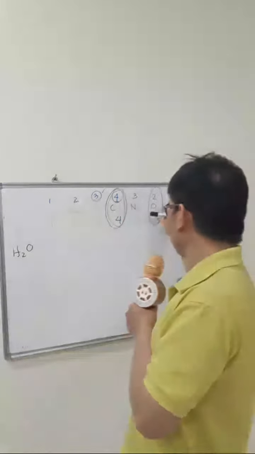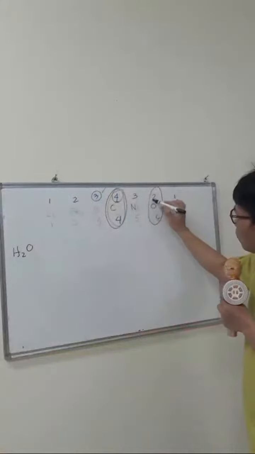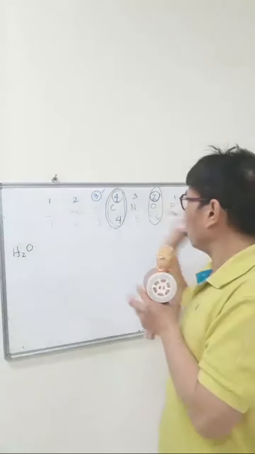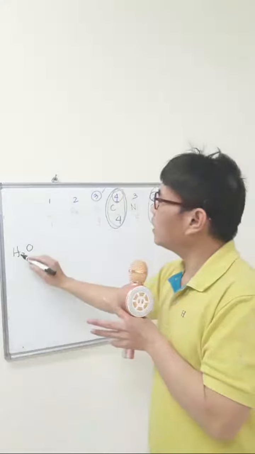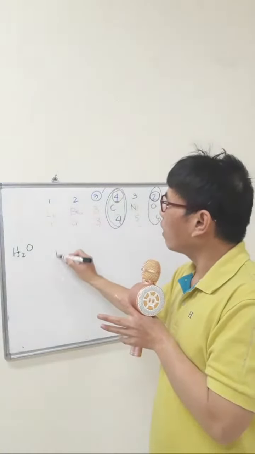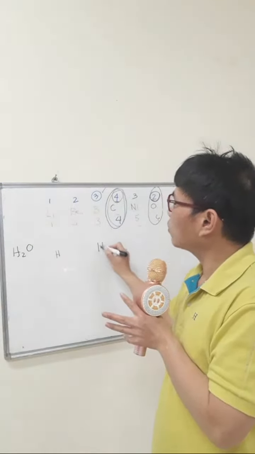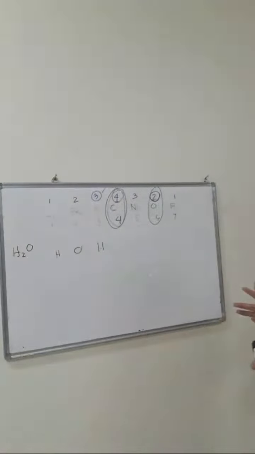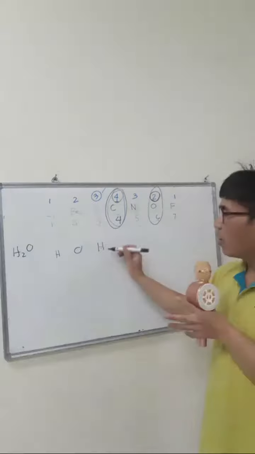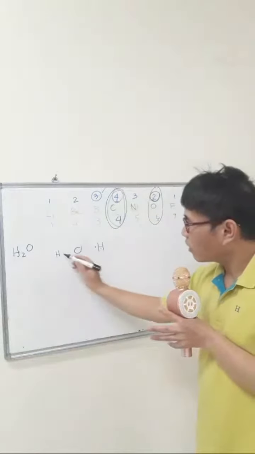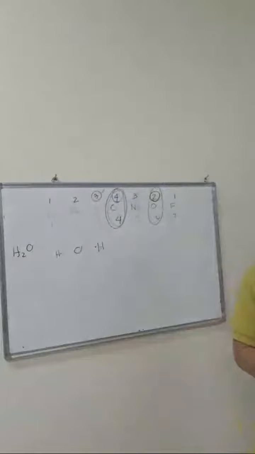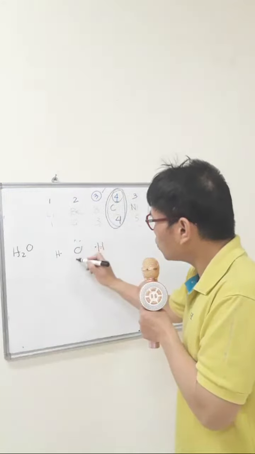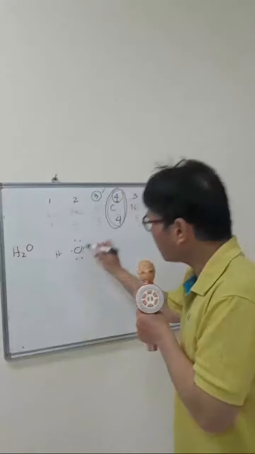How many valence electrons in the outermost shell of hydrogen? 1 from the right side and 1 also from the left side. How many valence electrons of oxygen? 6. So 1, 2, 3, 4, 5, 6.